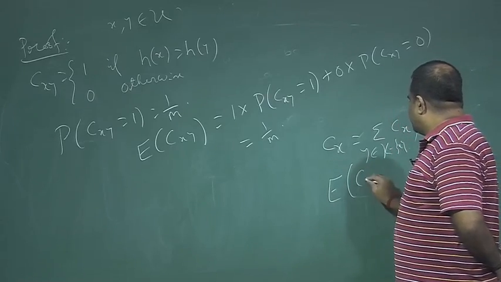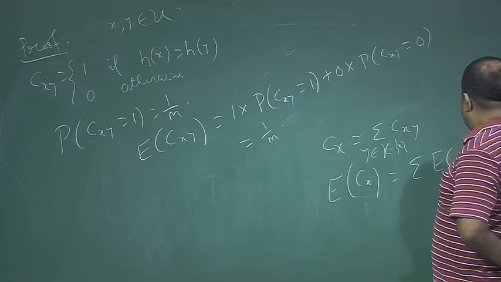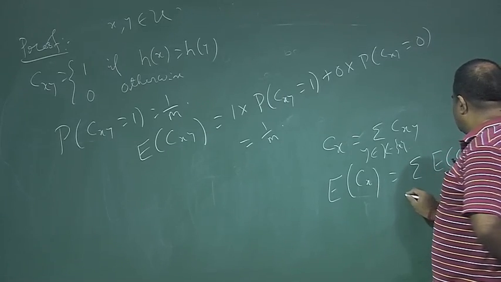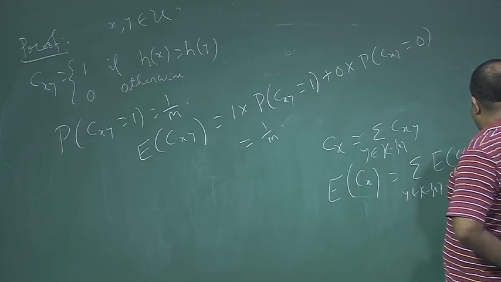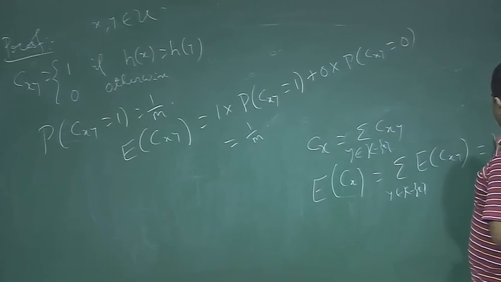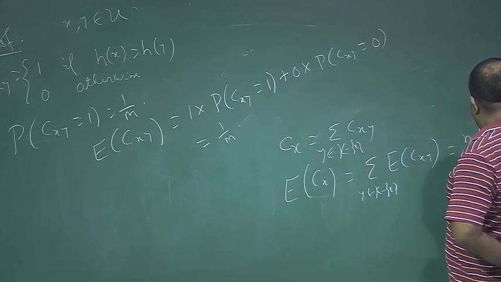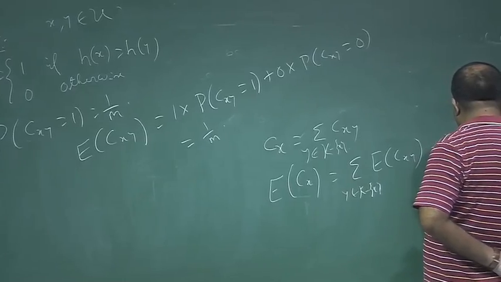If you take the expectation on both sides, this is the sum of expectations of C x y, for y in the key space minus x. So, this is n minus 1 by m, which is less than n by m, which is alpha. So, this is the proof.